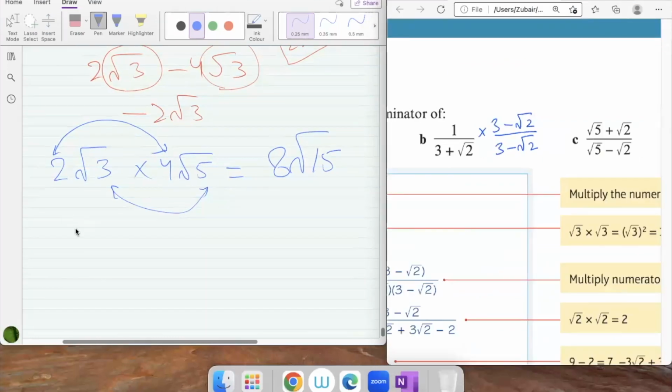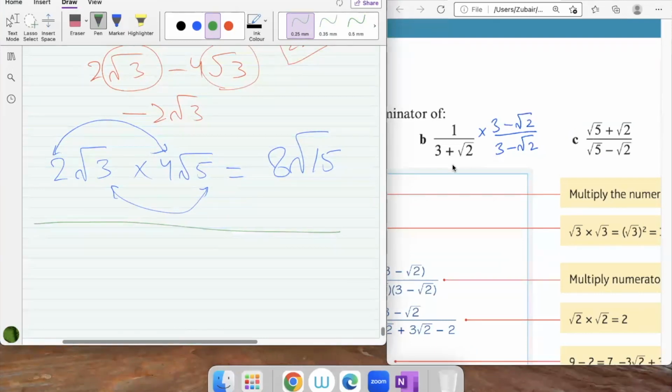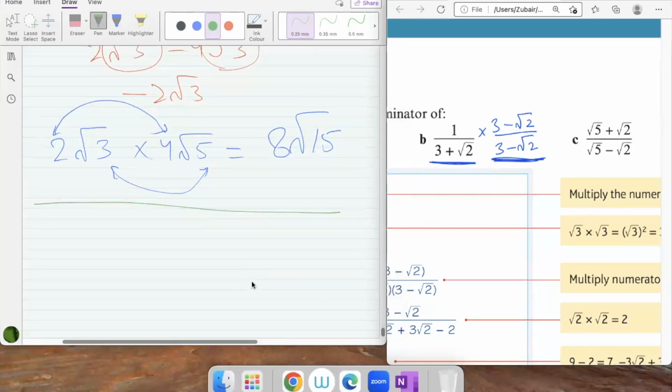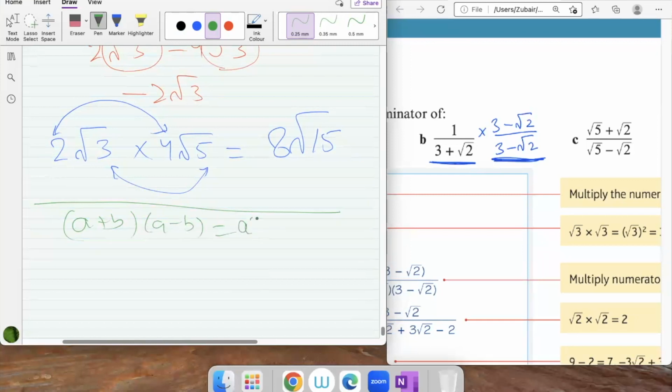Because when we write it, we get the expression a plus b into a minus b. Notice this: 3 plus under root 2 into 3 minus under root 2. This is a plus b into a minus b, which is a squared minus b squared. This is the very reason why we are using this, to get rid of the under root.